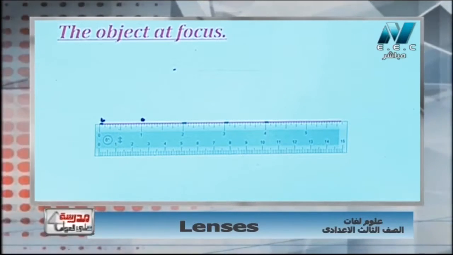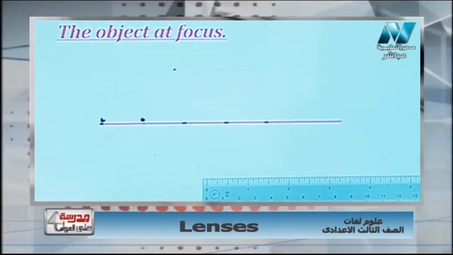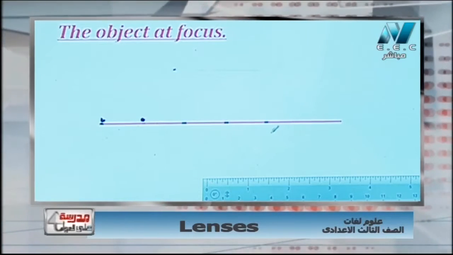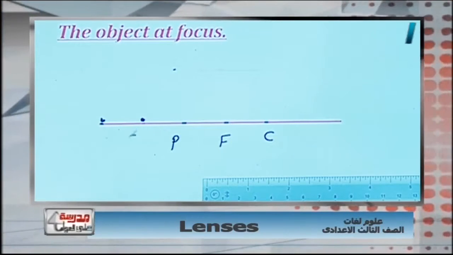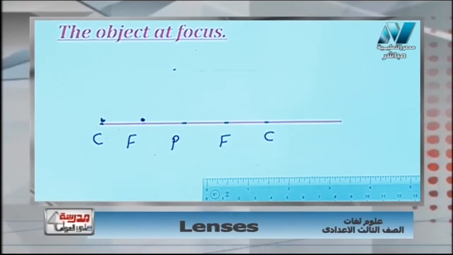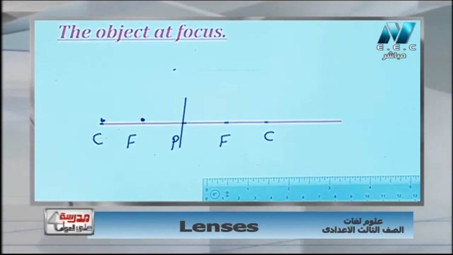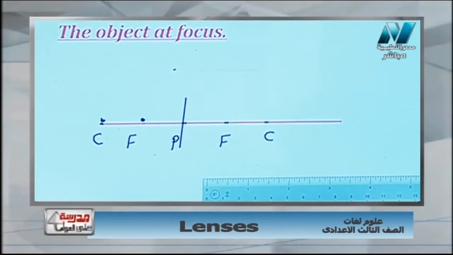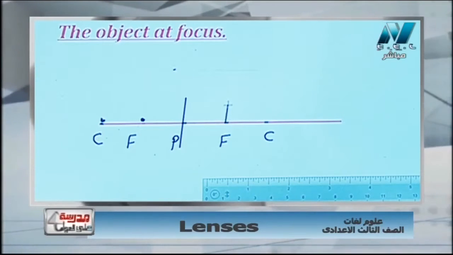Okay, خلاص. We have 4 equal distances with 5 points, as we have C, F, P, F and C. Don't forget to write the imaginary line as we see here.